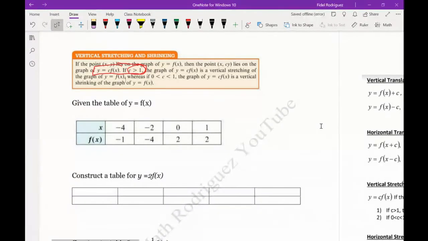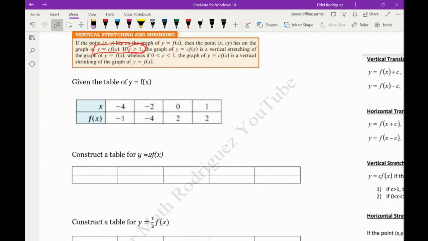Then what we're going to do is we're going to stretch that function, okay? And if the number is between 0 and 1, what kind of numbers are between 0 and 1? Numbers like 1/2 or 2/3 or 0.75, things like that. Then it's going to be what we call a vertical shrink. Okay, so I'm going to show you the way we're going to do this.